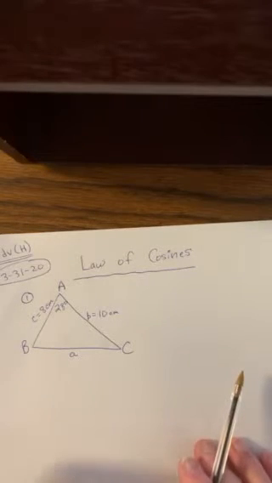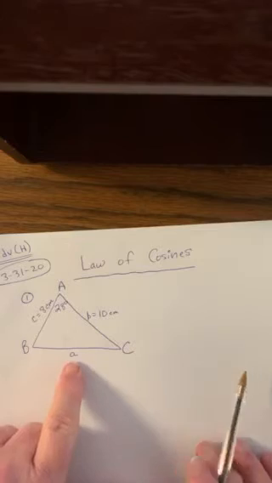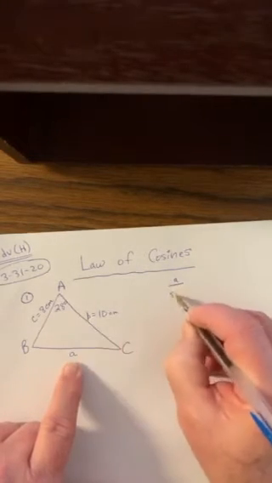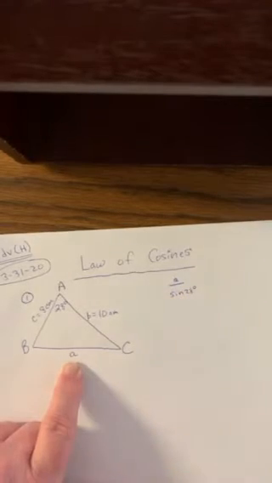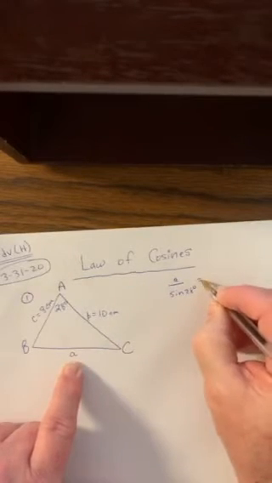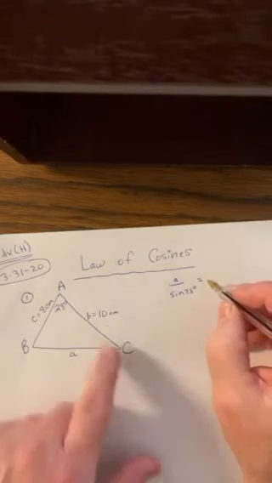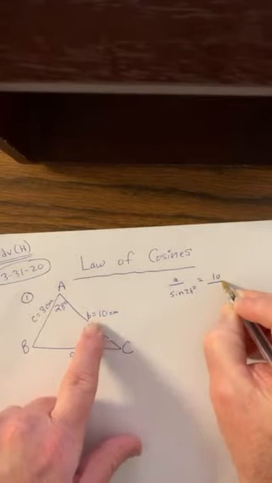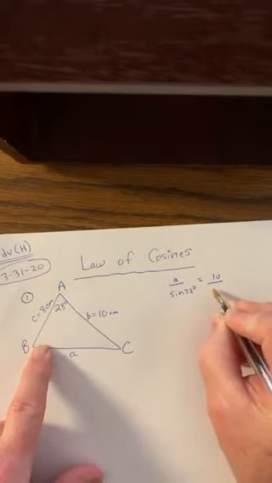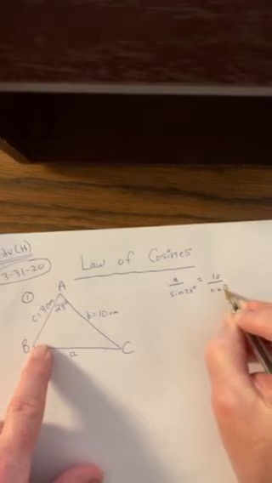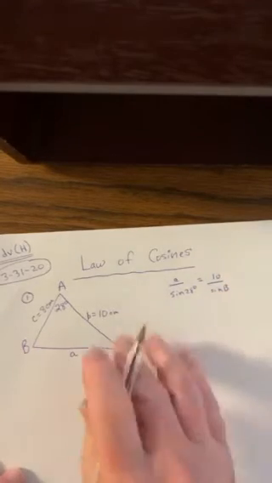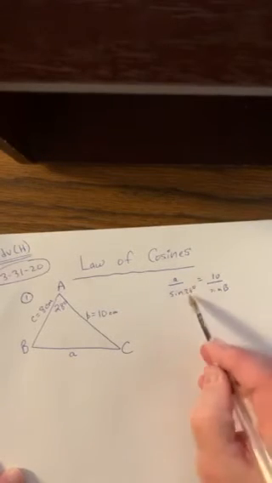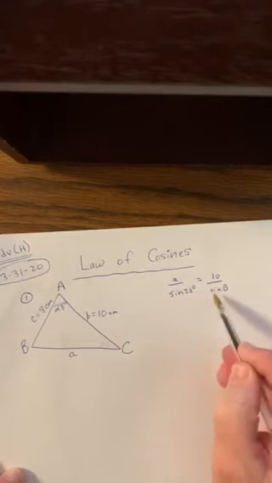Let's say you wanted to try the law of sines, you would end up putting a over the sine of 28 degrees and set that equal to one of the other two sides, let's say 10, over the sine of angle B, since we don't know angle B. So if you tried any combination of the law of sines that we learned yesterday, you would have to cross multiply and solve a proportion that has two unknowns.